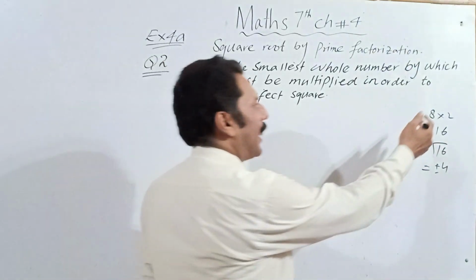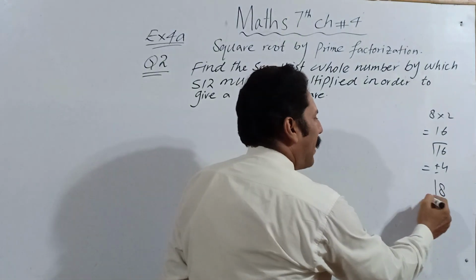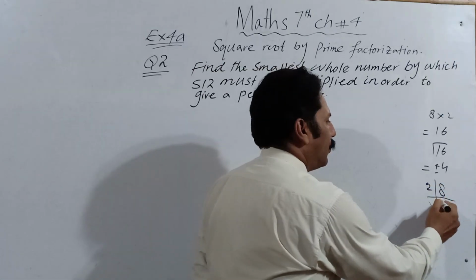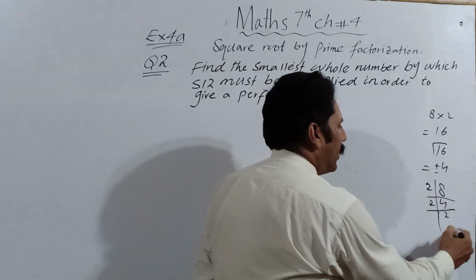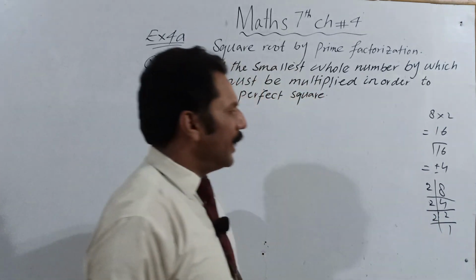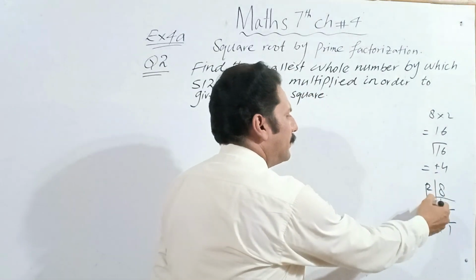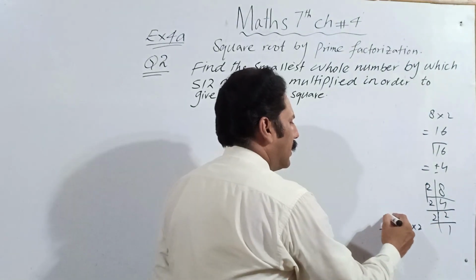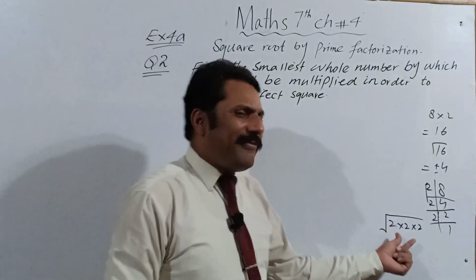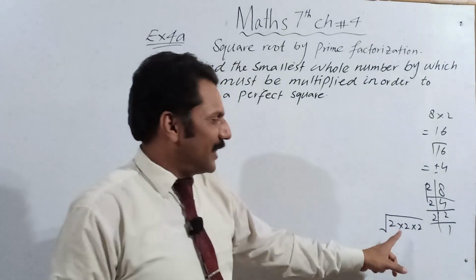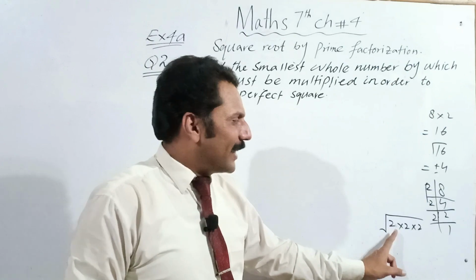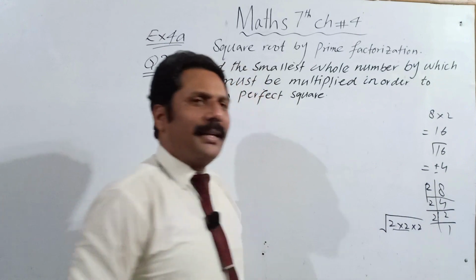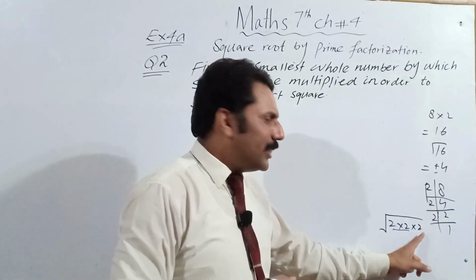Okay, if I want to find the number by which 8 should be multiplied, let's see. If I make the prime factors, 2 4s are 8, 2 2s are 4 and 2 1s are 2. So 8 is not a perfect square because the numbers in the prime factors are not in pairs. Here is a pair of 2, but there is something lacking, and that number is also a 2.